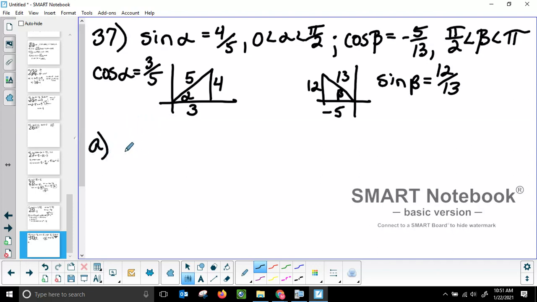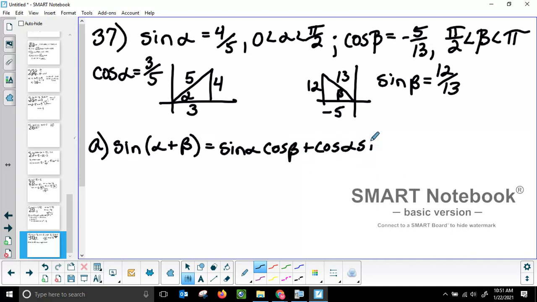All right, so A, sine of alpha plus beta is equal to sine of alpha times cosine of beta plus cosine of alpha sine of beta. So sine of alpha is 4/5. Cosine of beta is -5/13. Plus cosine of alpha is 3/5.